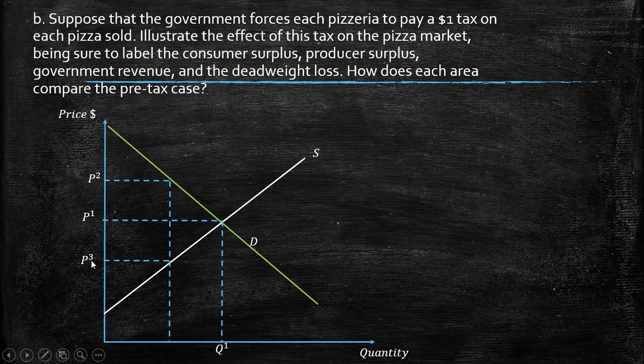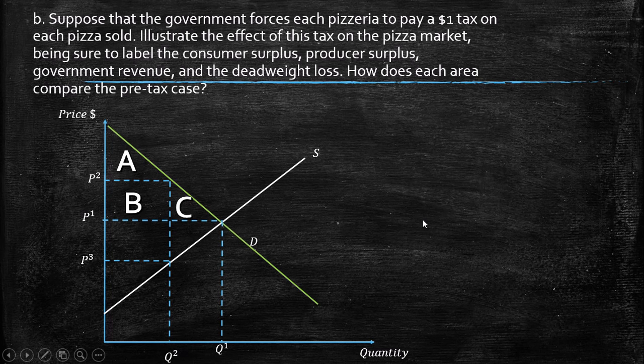So in this case it's going to be P2 minus $1, which is labeled as P3. This is the value that is in fact received by the producers, the pizzerias. And as you notice as well, the quantities are reduced.